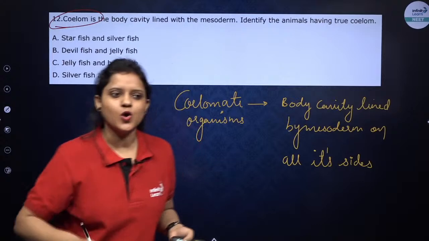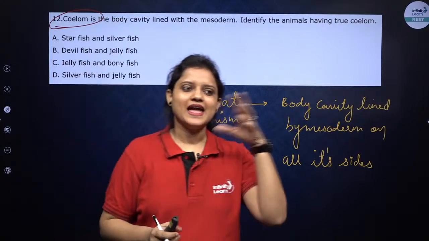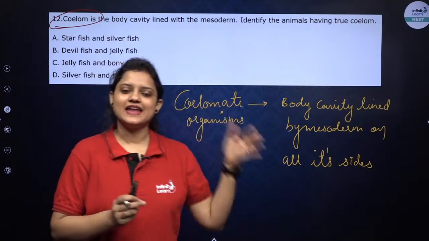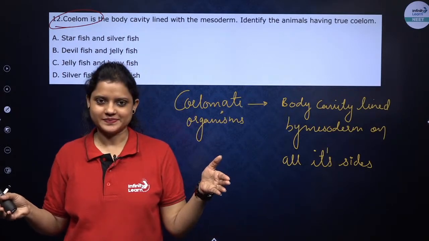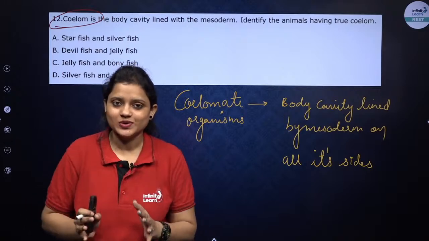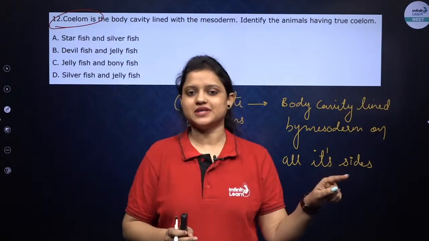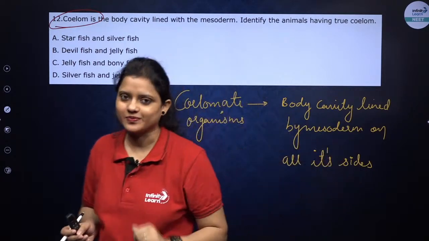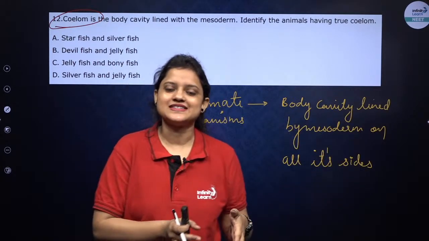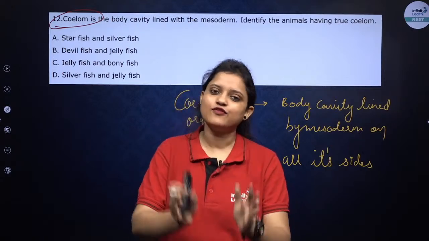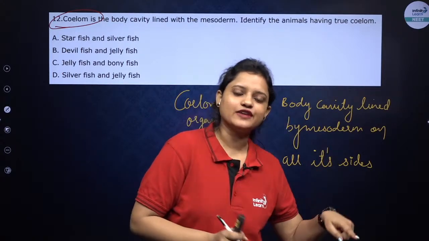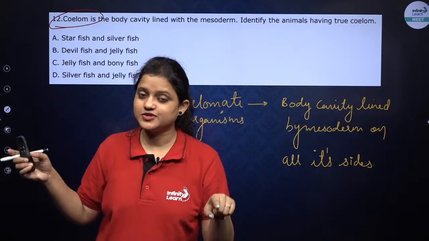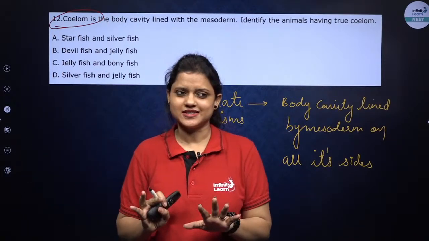And true coelom starts from Annelida to Chordata, right? So we know that phylum Platyhelminthes or flatworms, they are triploblastic but they don't have coelom. Ascaris or roundworms have a false coelom, and starting from Annelida to Chordata are the organisms that will have true coelom, isn't it?